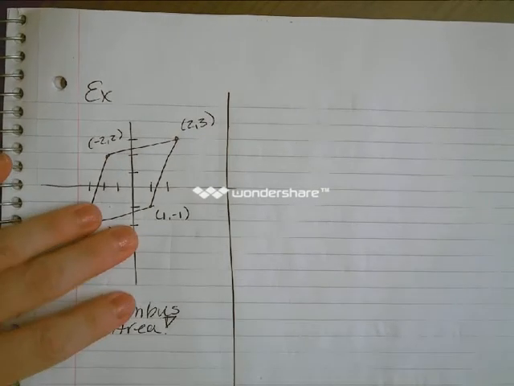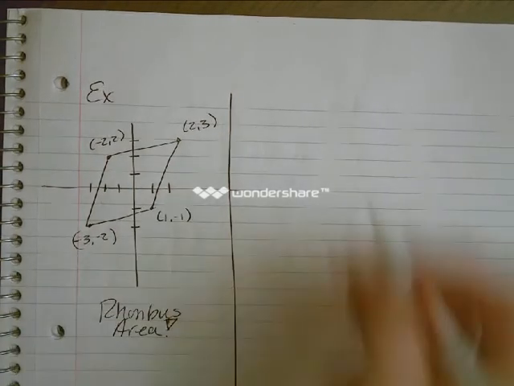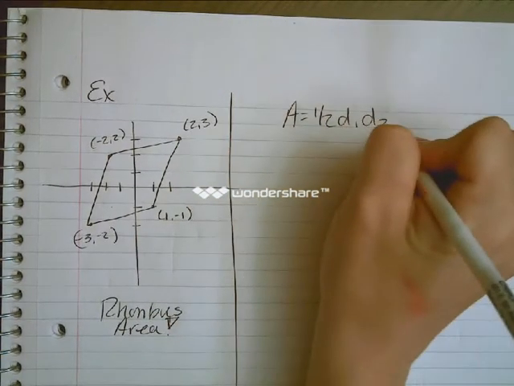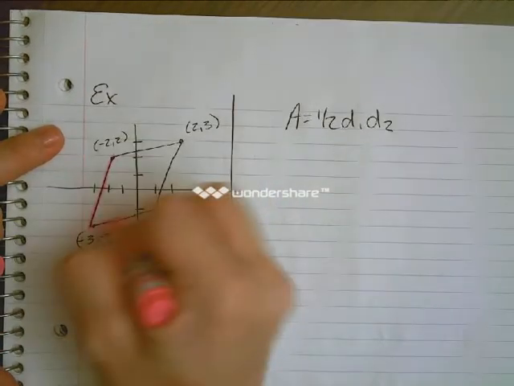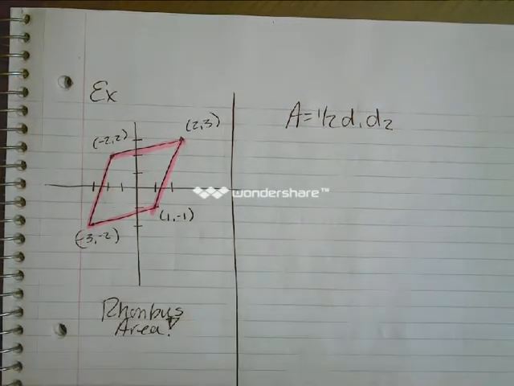So the formula for a rhombus is 1/2 d1 d2. Here is my rhombus. These are my diagonals. I do not have the lengths of either one of my diagonals.